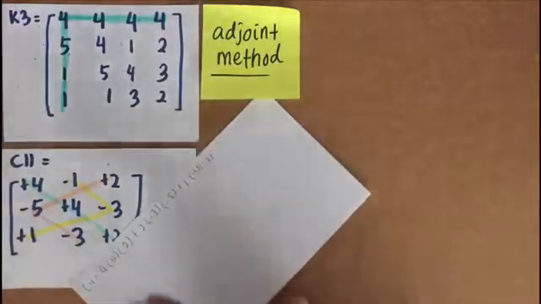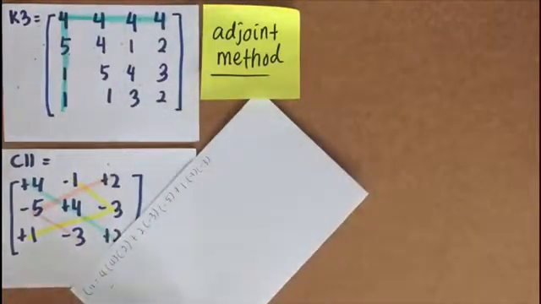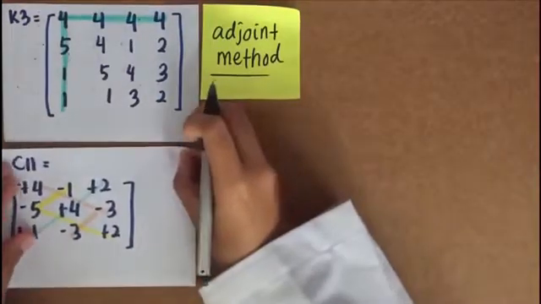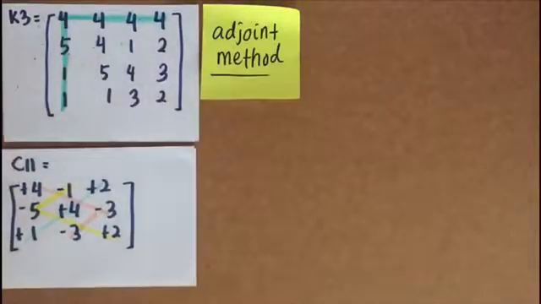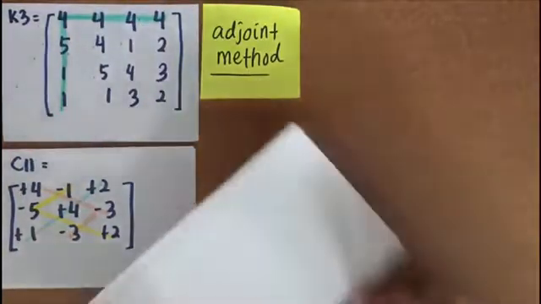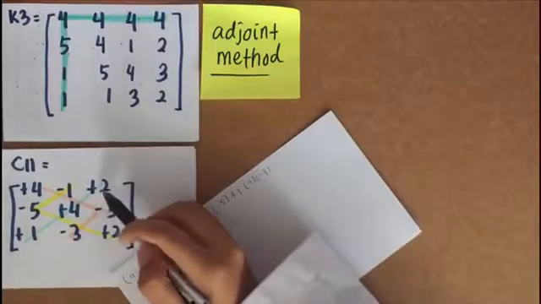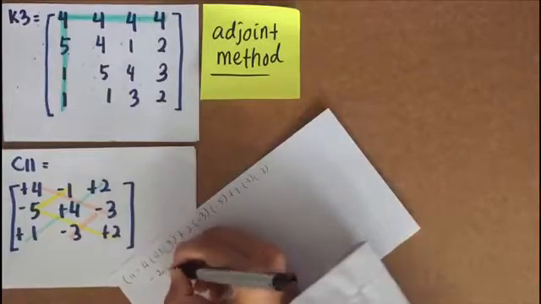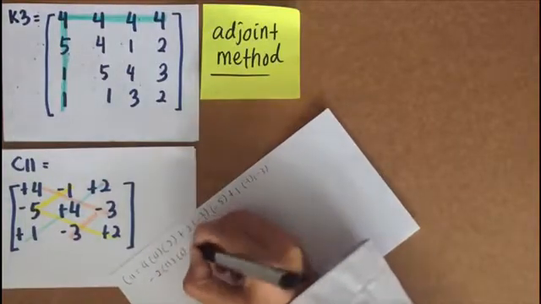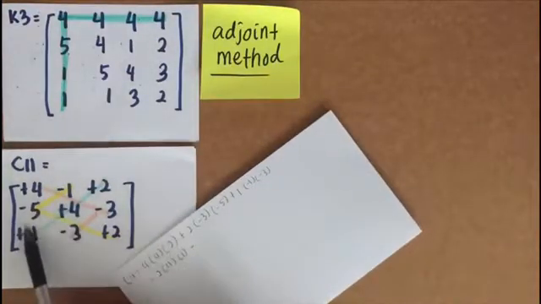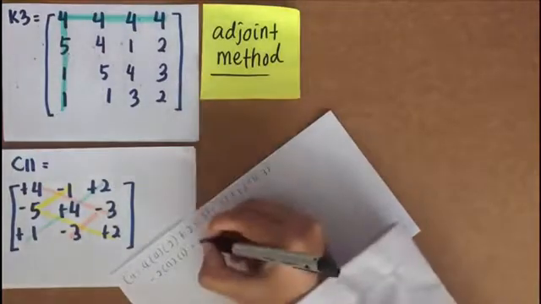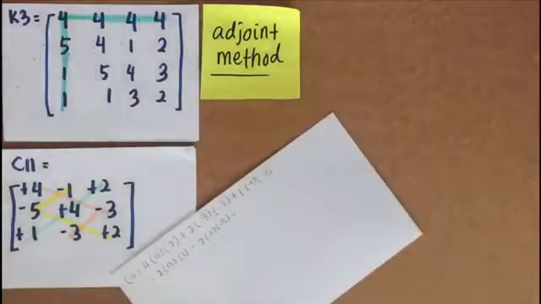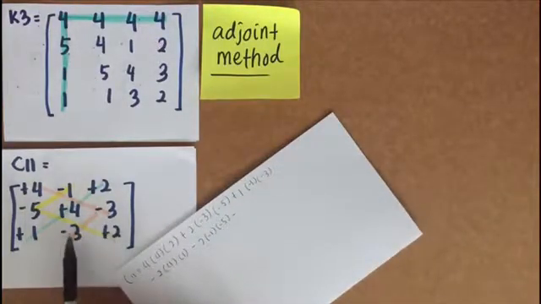And then you have to minus 2 times 4 times 1, minus negative 1 times negative 5 times positive 2, minus 3 times 4 times negative 3.